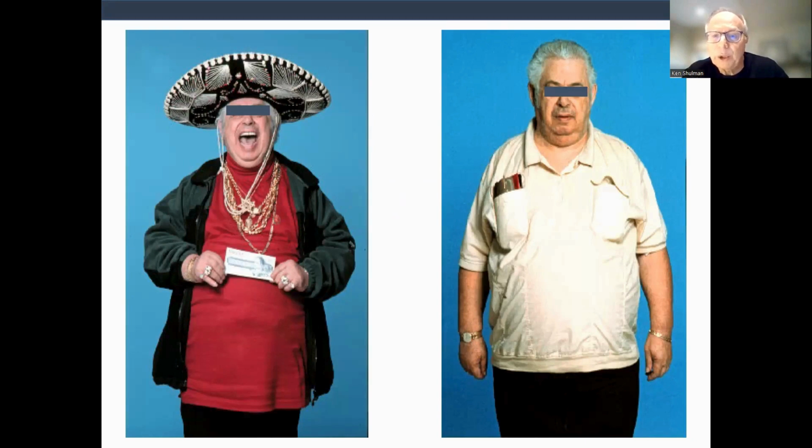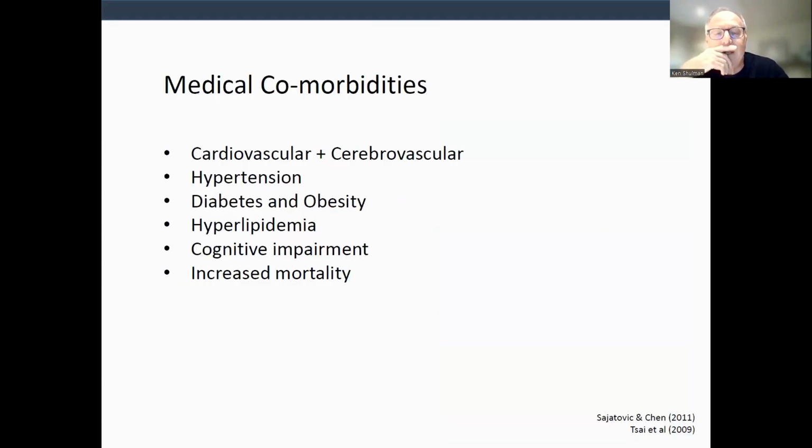But if you look at the features here, they're consistent with the next slide, which lists the medical comorbidities, which include vascular, cardiovascular, cerebrovascular comorbidities, which includes high blood pressure, diabetes, obesity. That described that gentleman we just saw, hyperlipidemia, so metabolic factors. This is very common in mood disorders in late life, and especially in bipolar disorders.